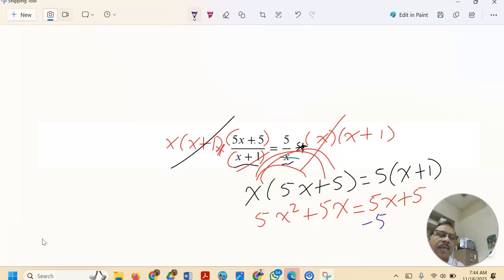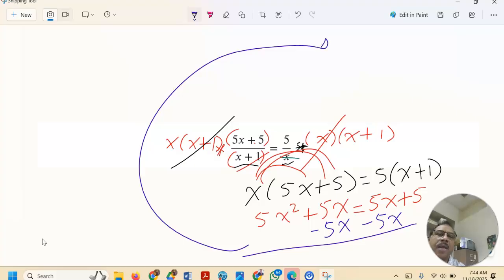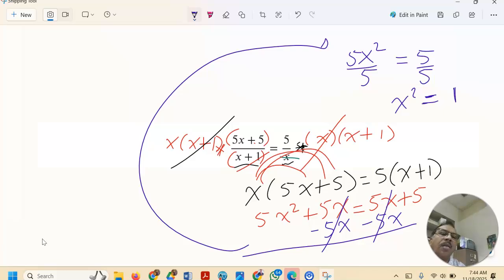So subtracting 5x on this side, subtracting 5x on this side, you get 5x squared, and that will cross out on the right side. See, both will go away. You get 5 here. Dividing by 5, you get x squared equals 1, and you can say x takes two values.